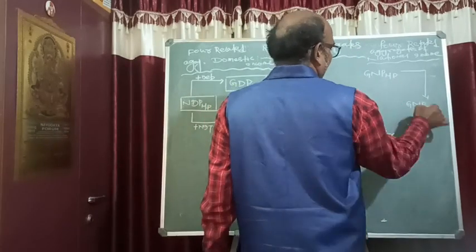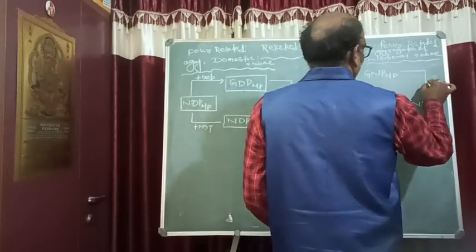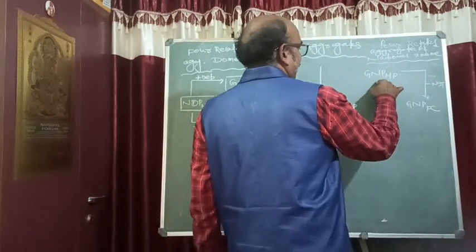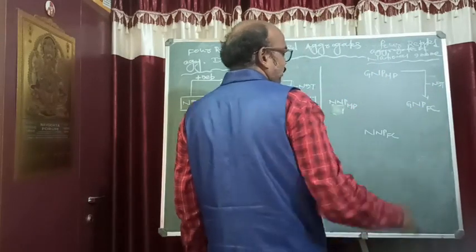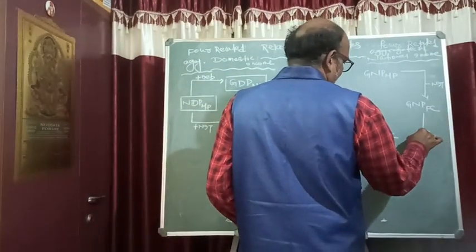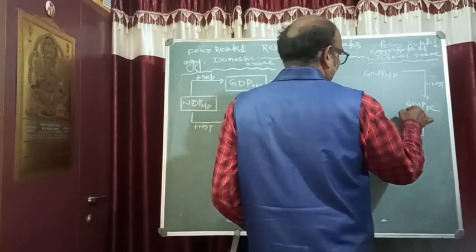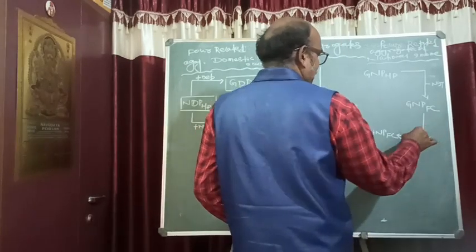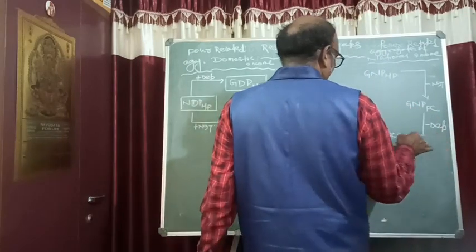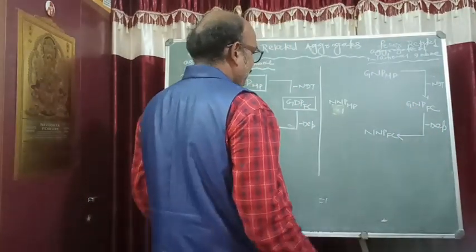The only difference is MP and FC, so minus NIT. You subtract NIT from GNP-MP, then you will get GNP-FC. From GNP-FC to NNP-FC, G and N are different, the others are the same. So you deduct depreciation. Gross minus depreciation becomes net.